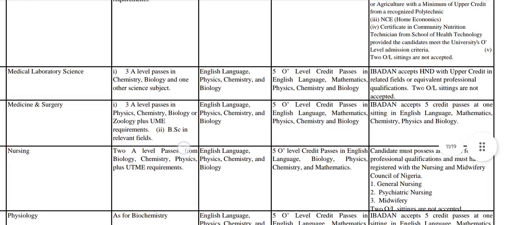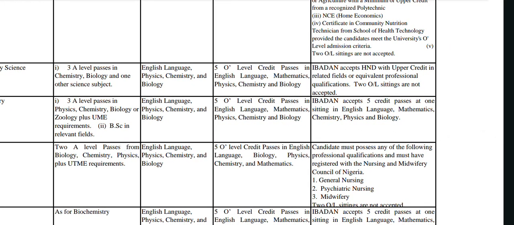MLS, I used to have issues with these people as well. UI does not accept ND in MLT. They will not admit you. So they accept HND with upper credit in related fields or equivalent professional qualifications. You should understand. So don't use an ND to apply for MLS.